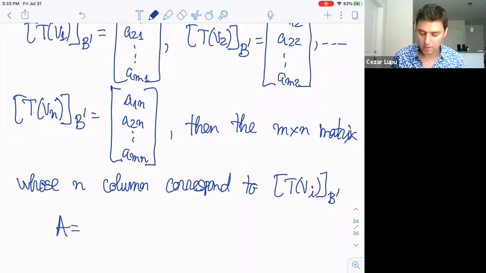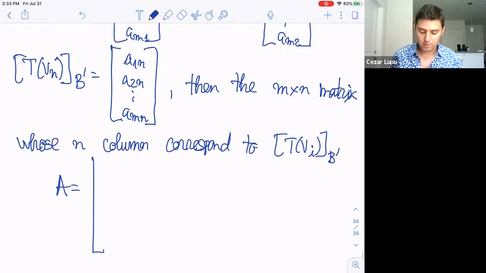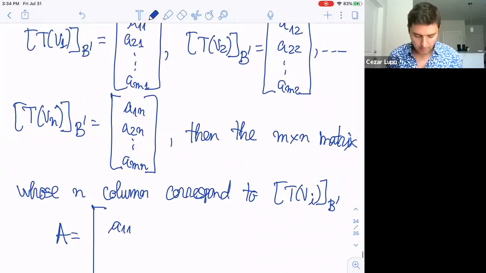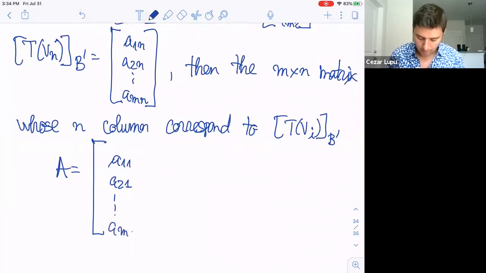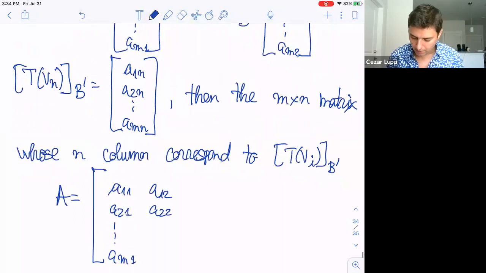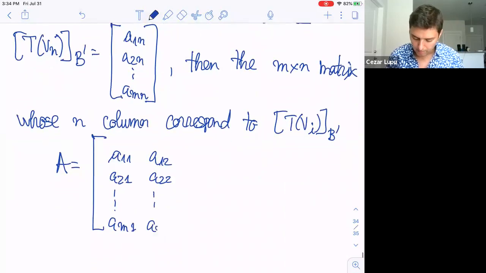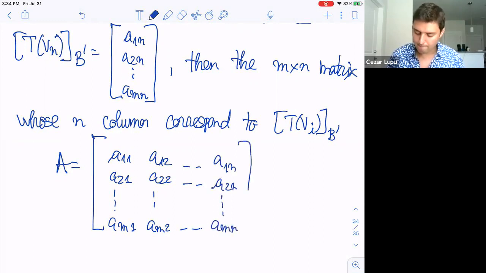So A will be, as you can imagine, I'm just going to put these as columns. So it will be A11, A21, AM1, A12, A22, AM2, and we go always basically the same thing to A1n, A2n, AMn, right?